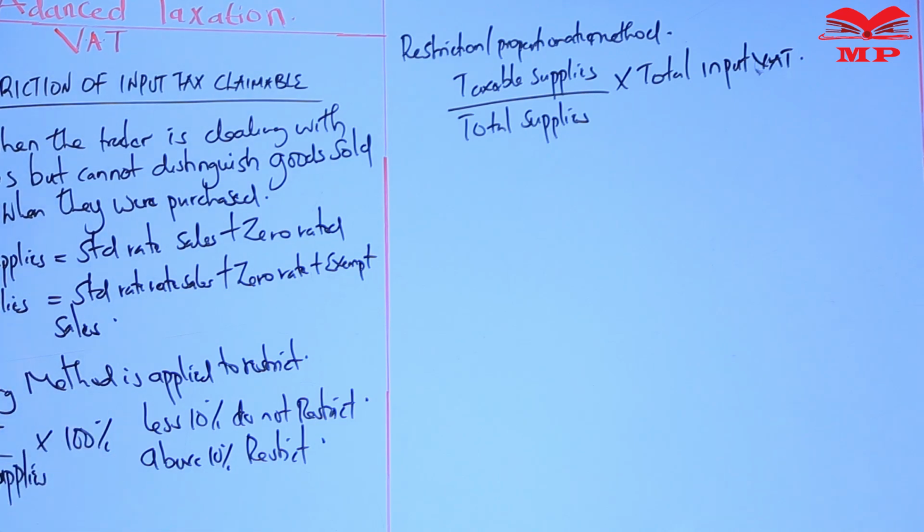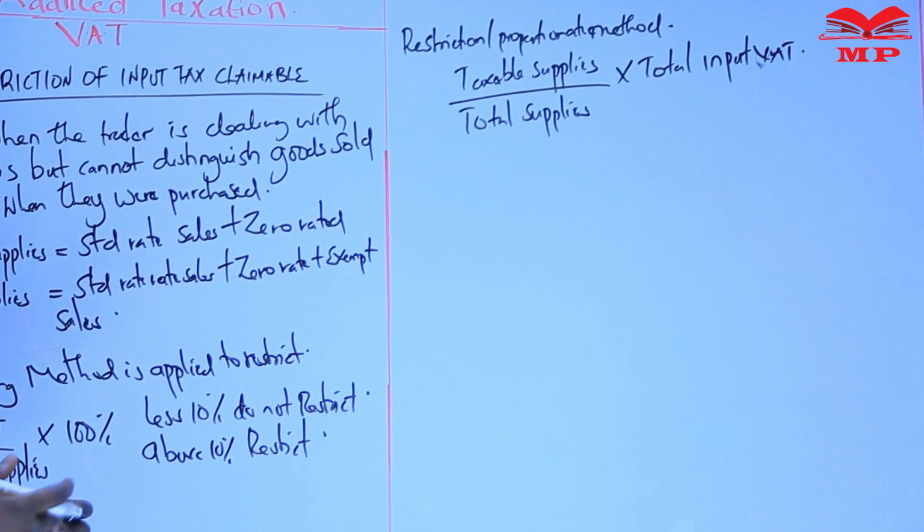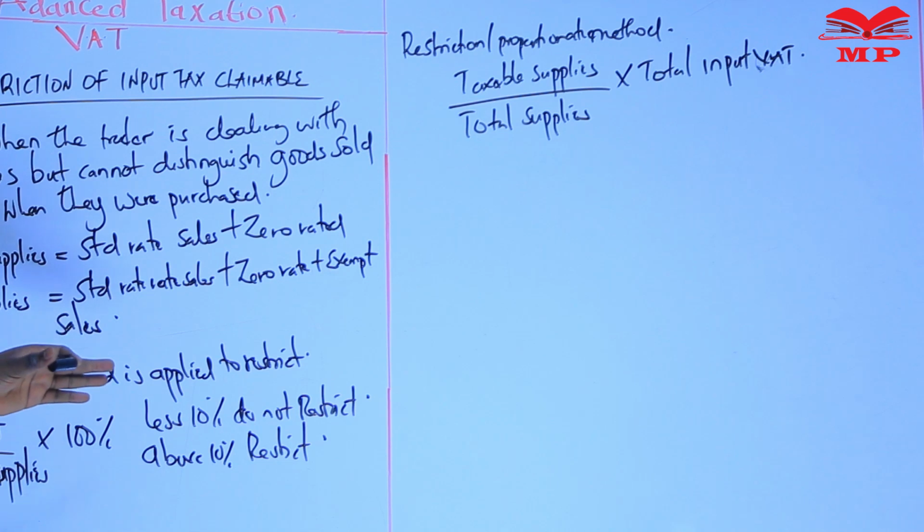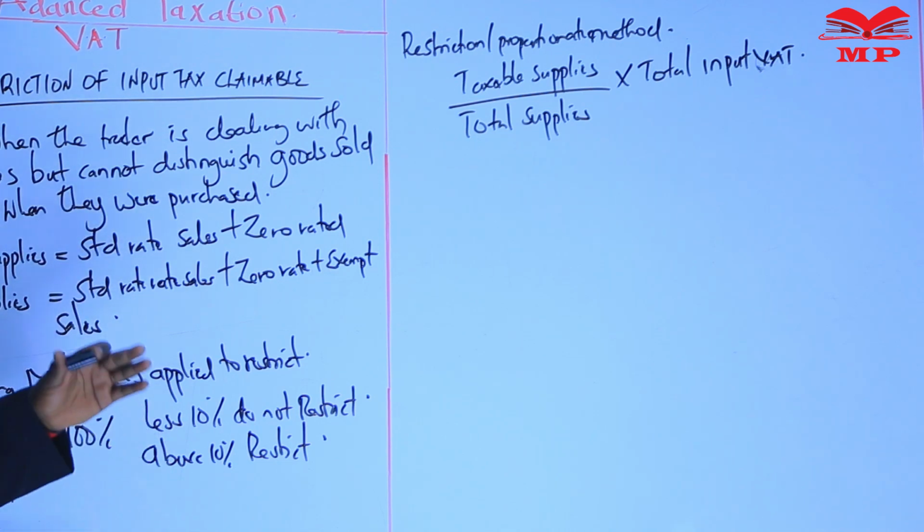I have said that taxable supply is basically the standard rate sales plus zero rated sales. Then total supply is the zero rated supplies plus standard rate plus exempt.